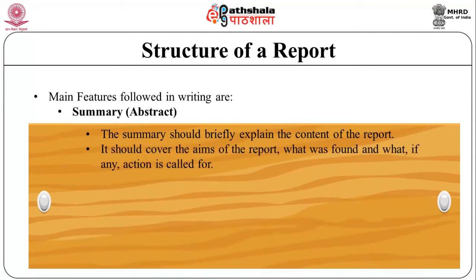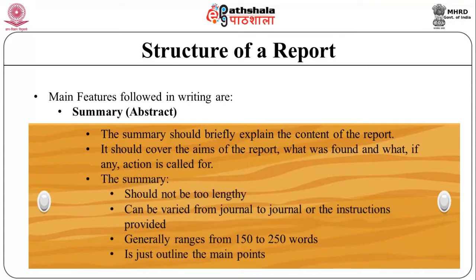It should cover the aims of the report, what was found, and what action, if any, is called for. The summary should not be too lengthy. It can vary from journal to journal, following the instructions provided, but generally ranges from 150 to 250 words, and just outlines the main points.